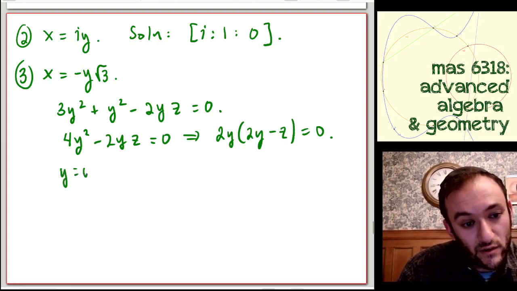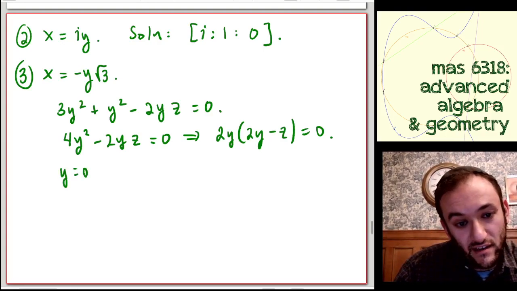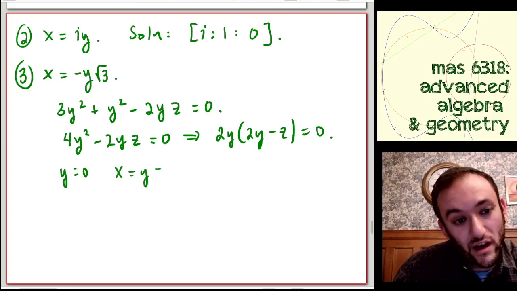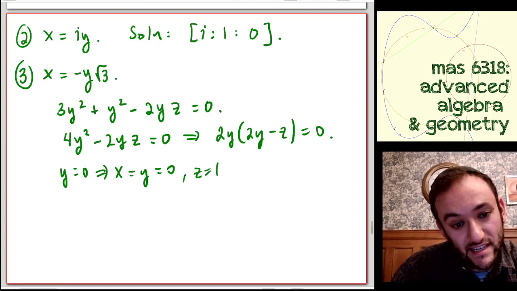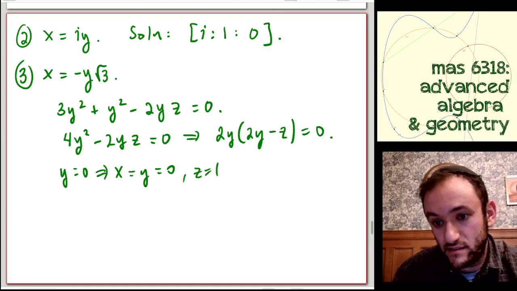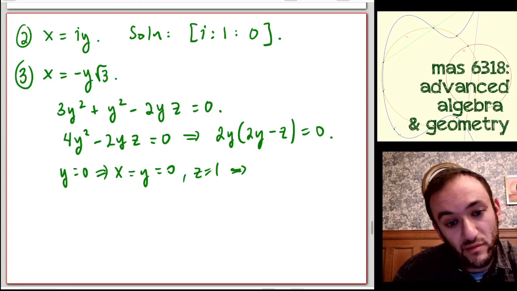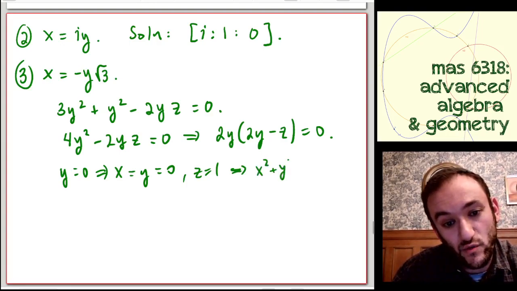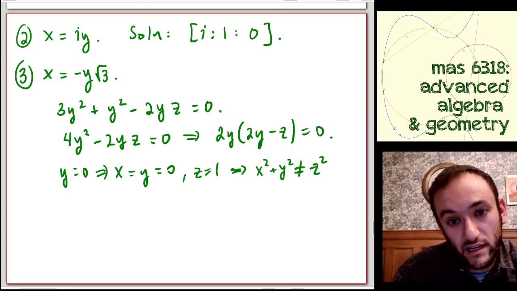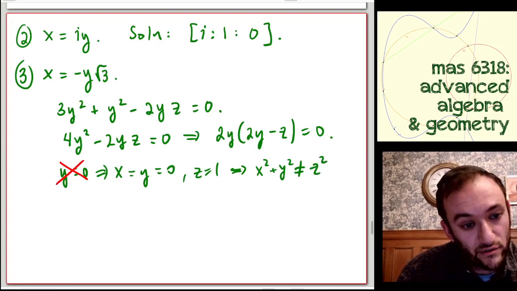Either y equals 0, but then again x and y will be equal to 0, and that means that z has to be equal to 1 because of the rules of projective geometry, but that would mean that x squared plus y squared is not equal to z squared, contradicting our equations, so we conclude that this is not possible.